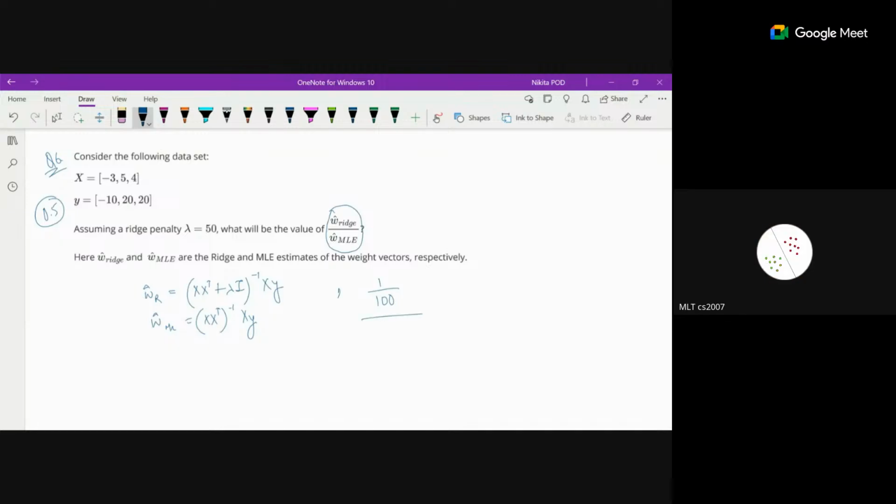Even if you solve for X transpose y, you are going to get some constant, which cancels out. You'll have 1 upon 50, so what you get is just 1 upon 2, which is 0.5. This is also very simple. If you know what W hat ridge is and what W hat MLE is, you can easily solve this problem.